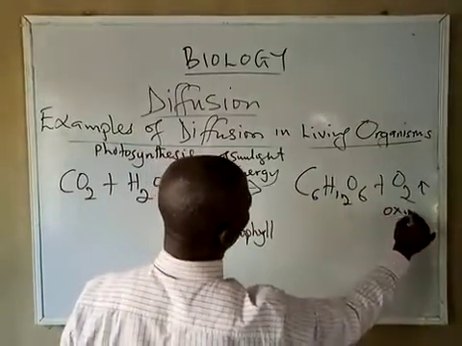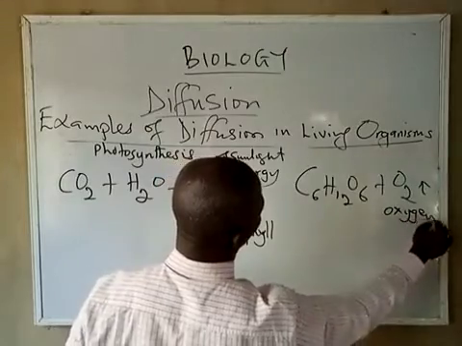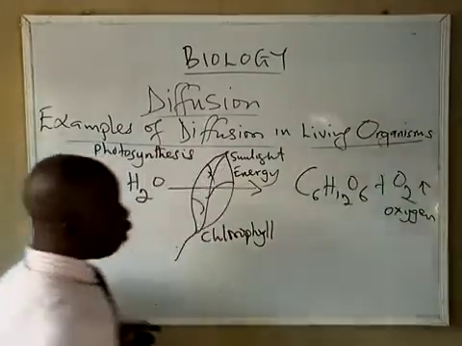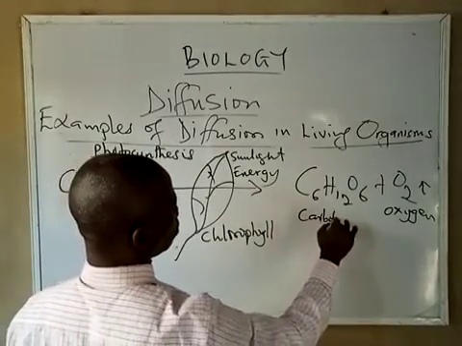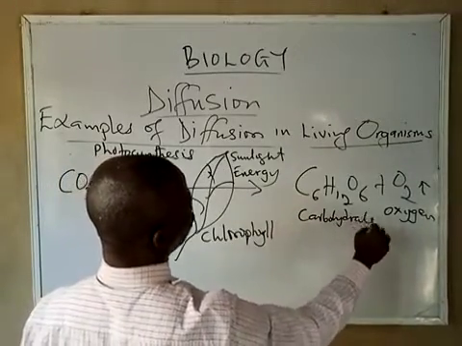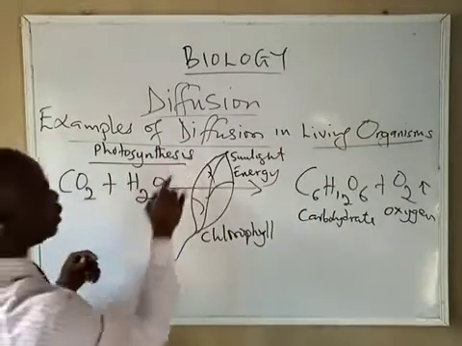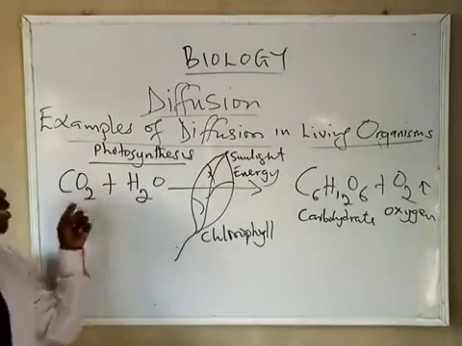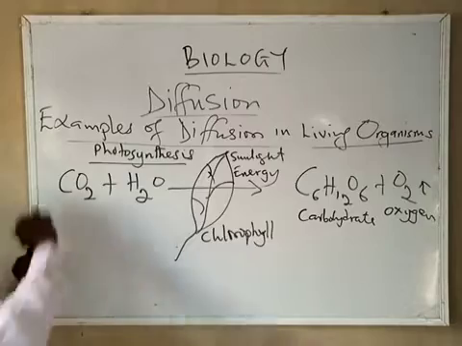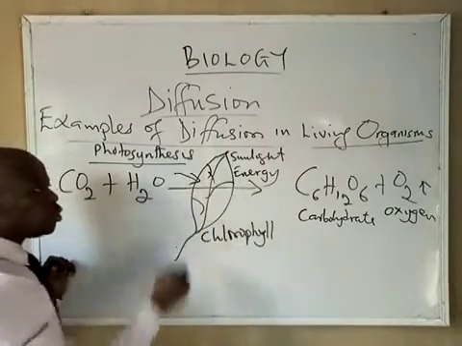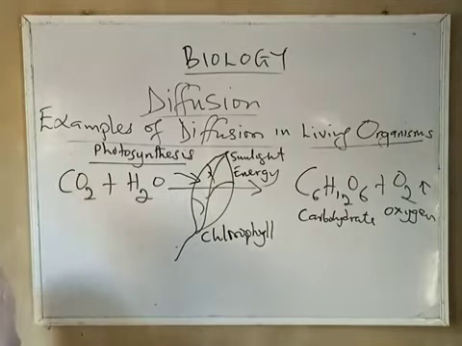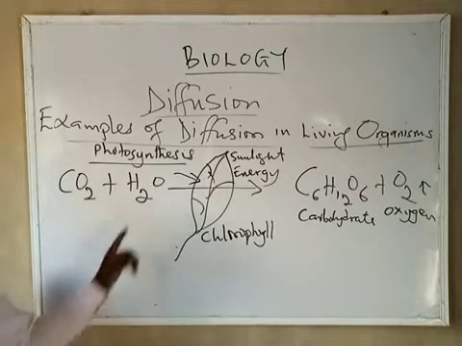And in that process, oxygen is given off. This is our oxygen, and it is given off. This is the food that is produced. So during photosynthesis, carbon dioxide gets into the leaf by diffusion through the stomatal openings in the leaf.